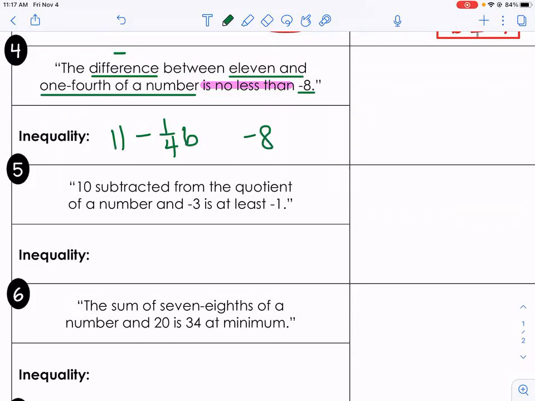If this says is no less than, so it can be negative 8 or it needs to be bigger. Okay.